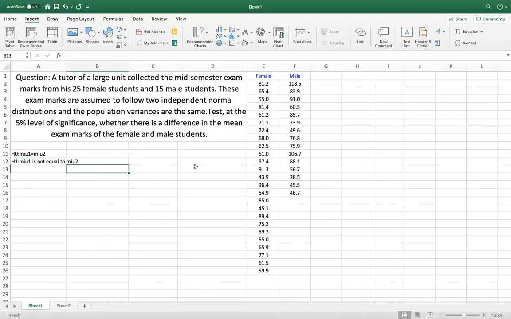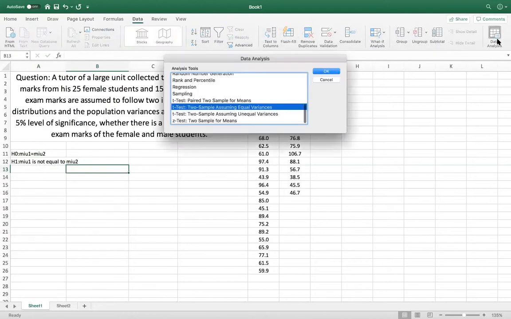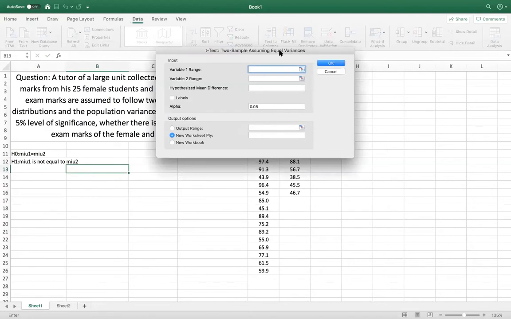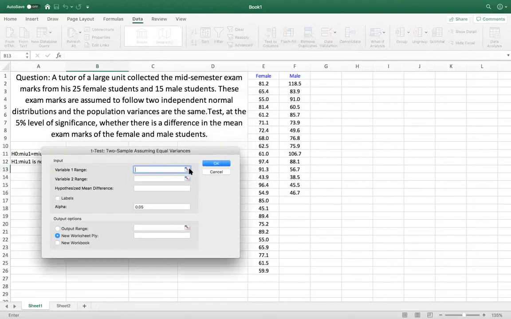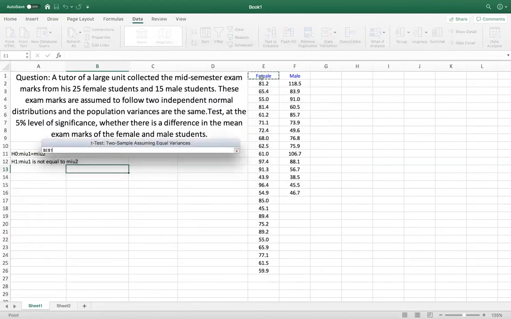And then we will do the Excel output. This one is actually just under the data analysis, so you don't need to do the DAP. And it is for equal variance. And then you just do the input range.